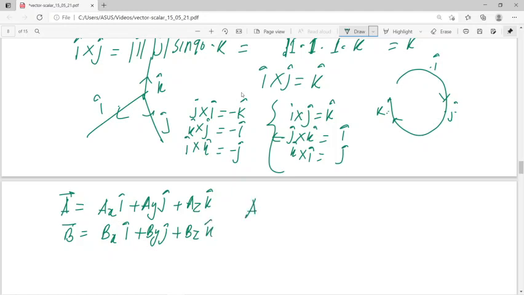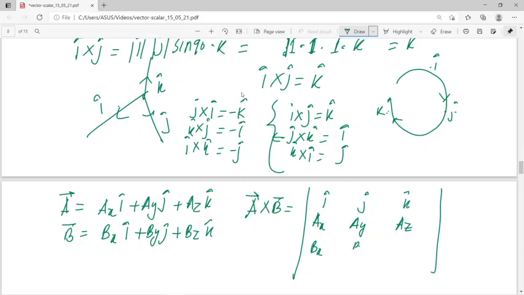Now A cross B can be found by a technique, the same as finding a determinant. We put I cap, J cap, and K cap in the first row, then the coefficients of A, AX, AY, AZ, and then BX, BY, and BZ.